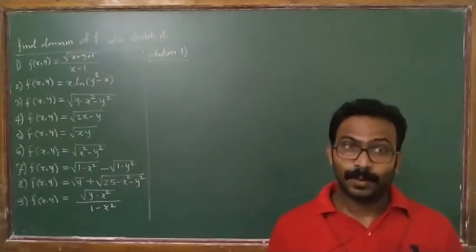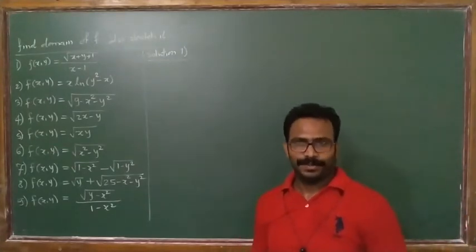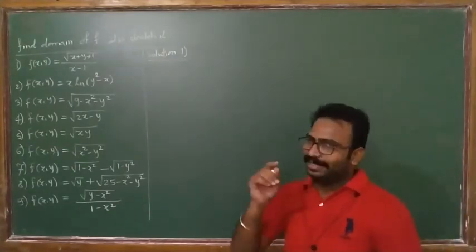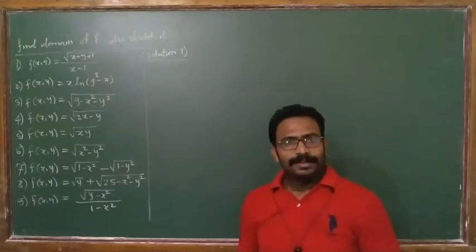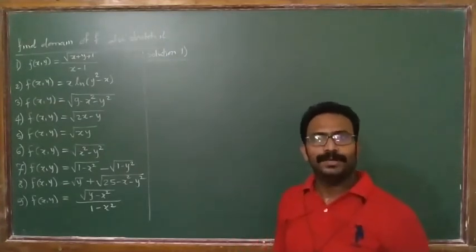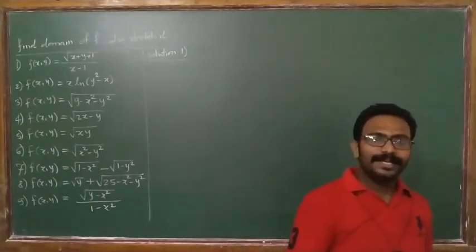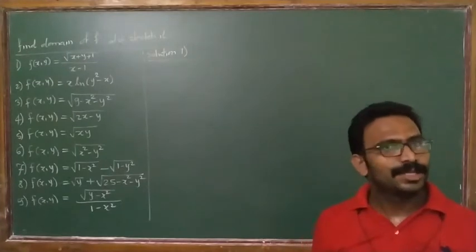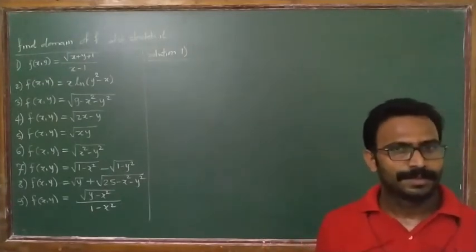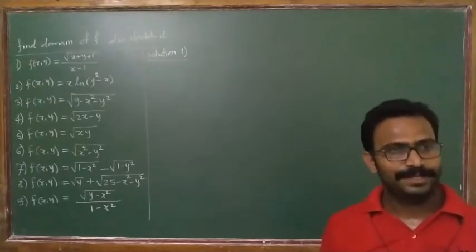But if the quantity is negative, we cannot find the value of the square root. So one thing is that if the quantity inside the square root is negative, we cannot find the value. And the second thing is, if the denominator becomes 0, in that case also we don't have the output, because we cannot divide something by 0.